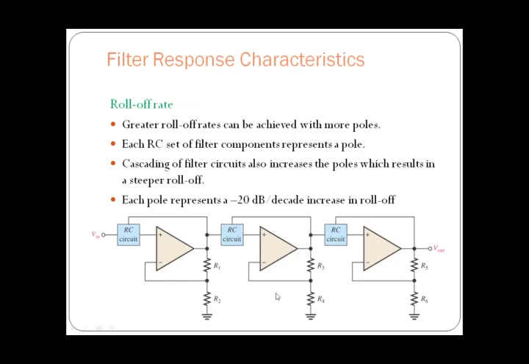If we consider the roll-off rate, here you can see the three stages, that is what we have discussed in the low pass filter as well as high pass filter passive networks: first order, second order, third order.